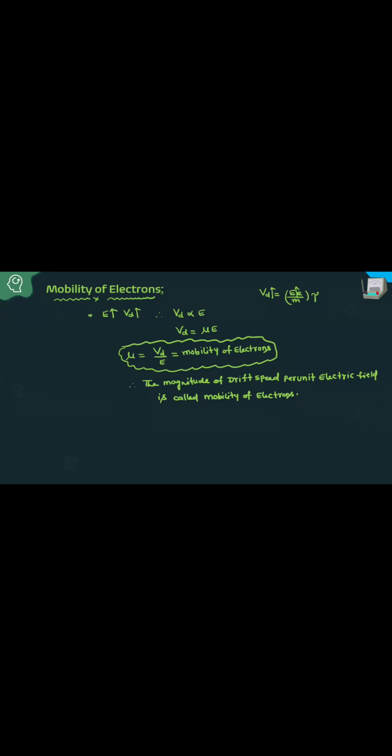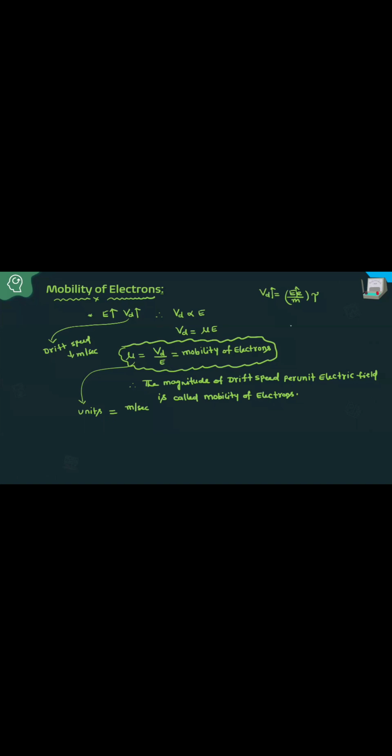What are the units of mobility of electrons? Can anybody tell? Drift speed units are meter per second.